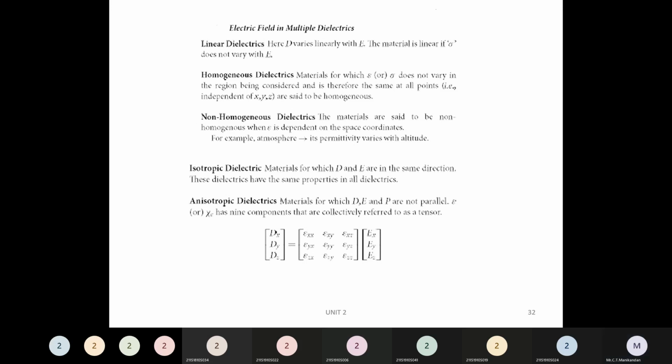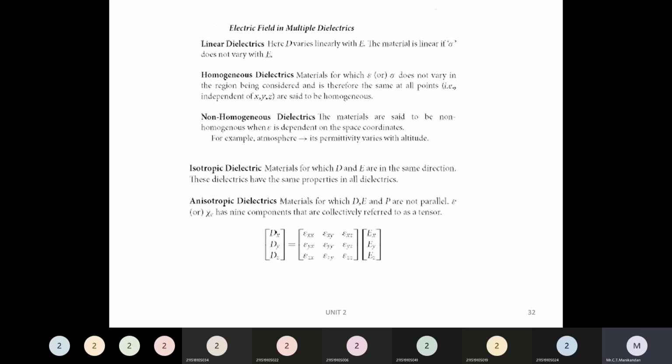We call a dielectric homogeneous when epsilon r and sigma, the conductivity, do not vary with the region considered.